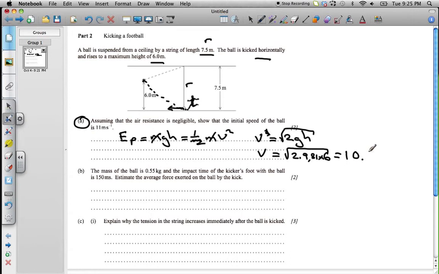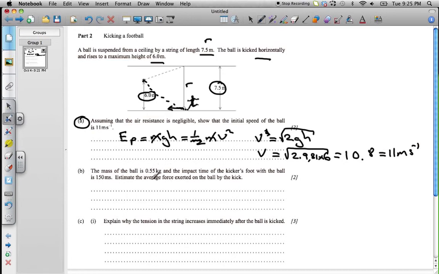10.85 about. But notice here that all of these are given in two significant figures, so I'm going to change this into 11 meters per second, to write my answer in two significant figures.